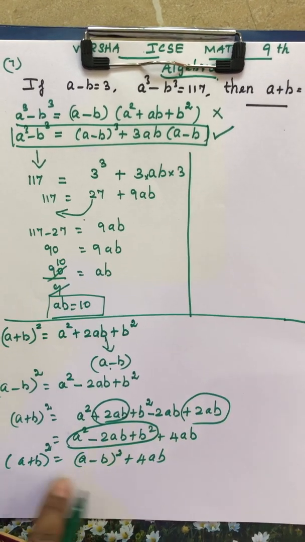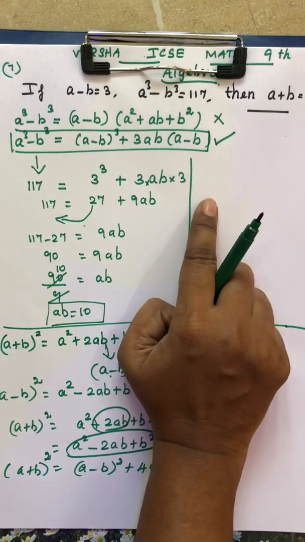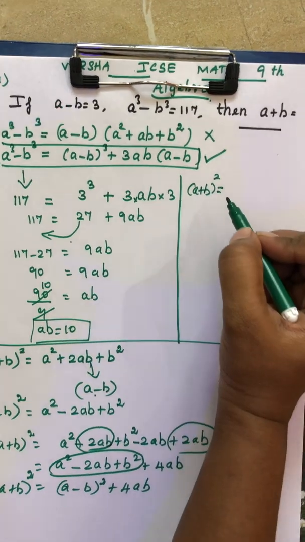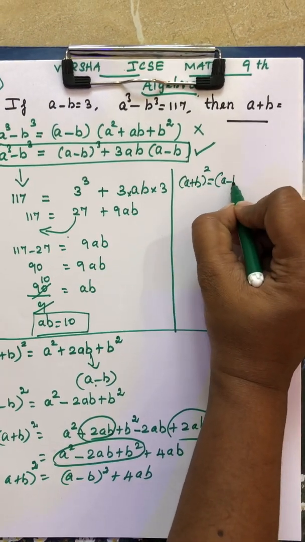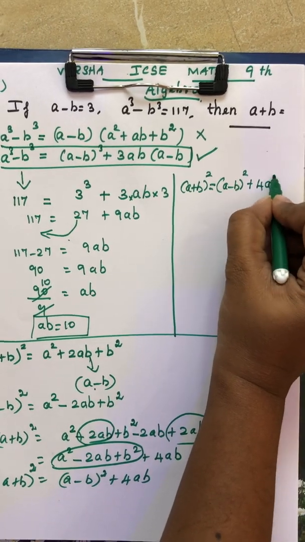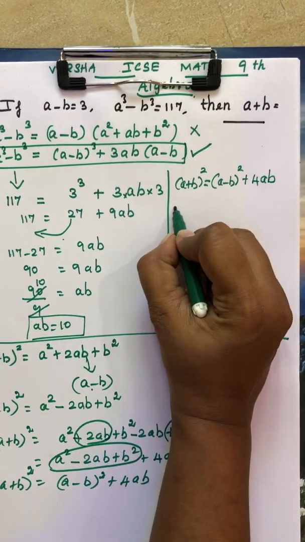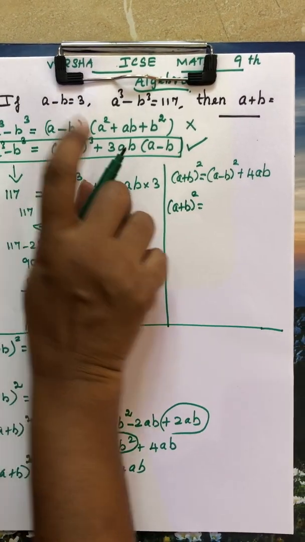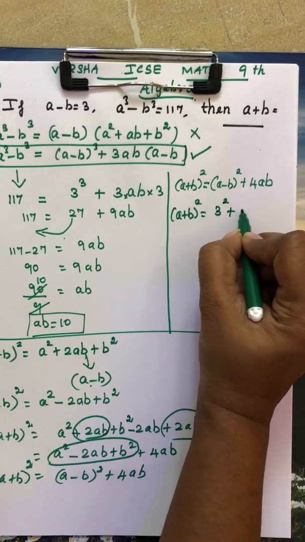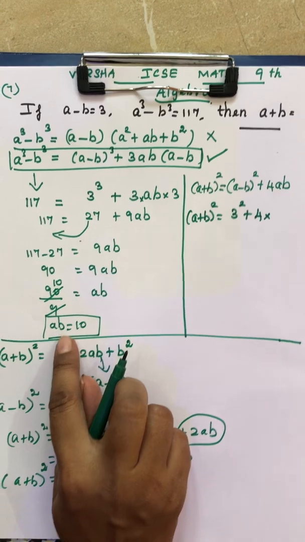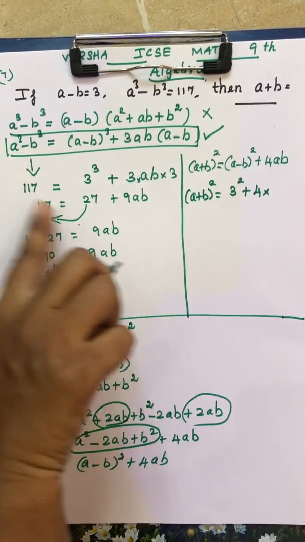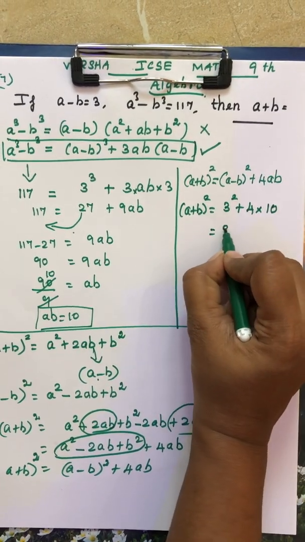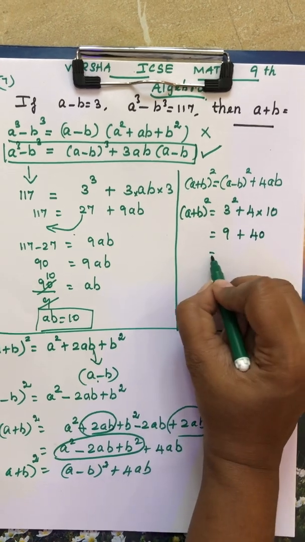We are going to use this identity in this question. a plus b the whole square equals a minus b the whole square plus 4ab. a minus b is 3, so it is 3 square plus 4 into ab. With the help of the a cube minus b cube formula we found ab is equal to 10. So substitute here: 9 plus 4 tens are 40, so this is 49.